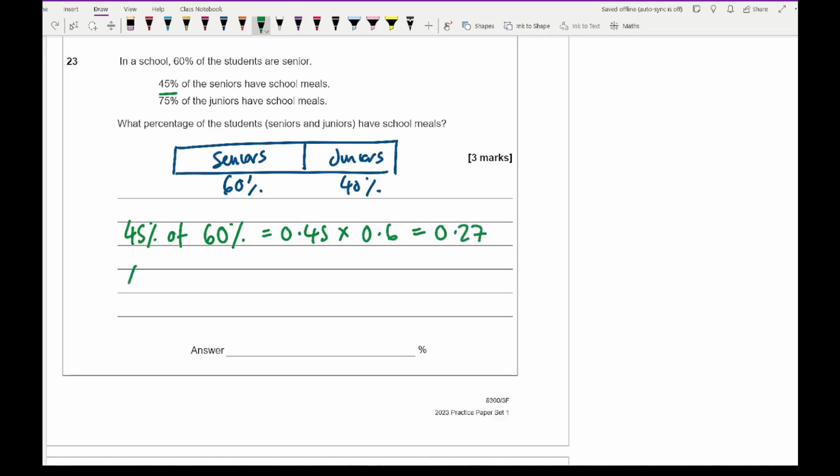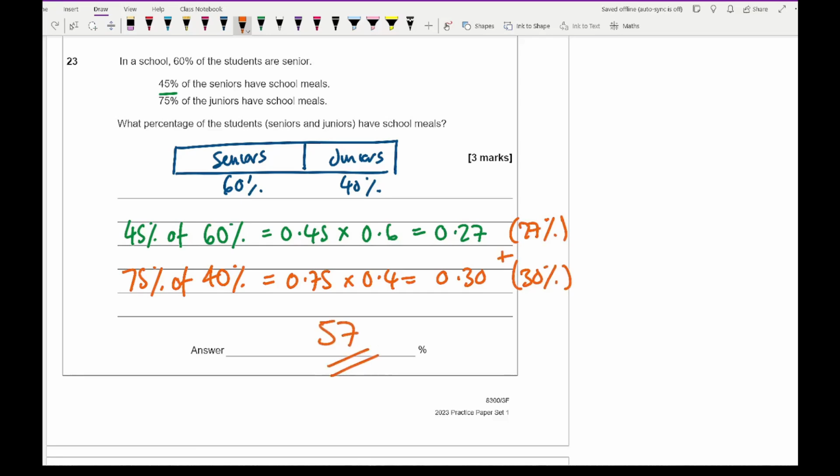And if I then do 75% of 40%, so that's going to be 0.75 times 0.4, and on my calculator that gives me 0.3. So that's 27%, that's 30%. All I've got to do is add them together and I get a total of 57%.